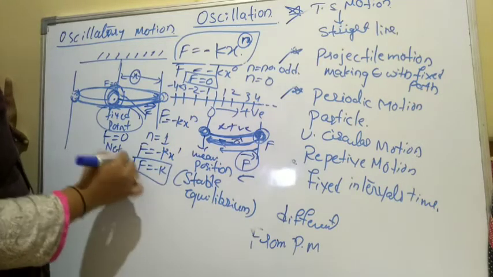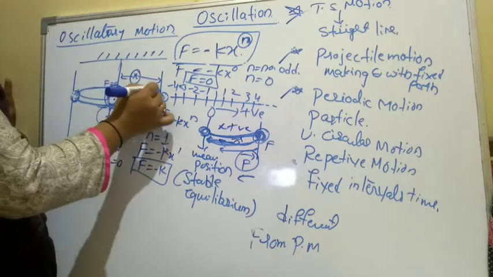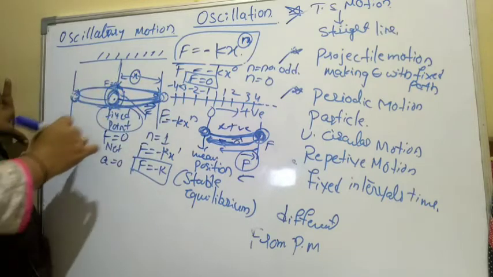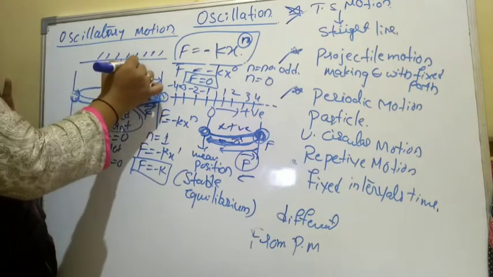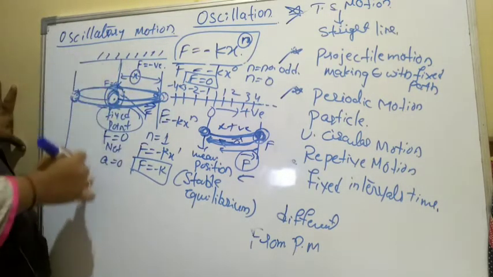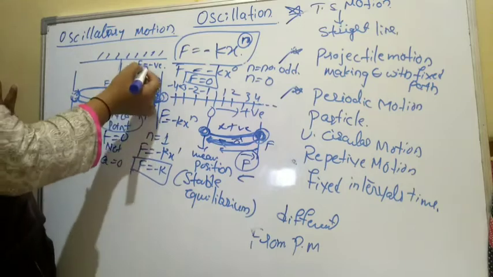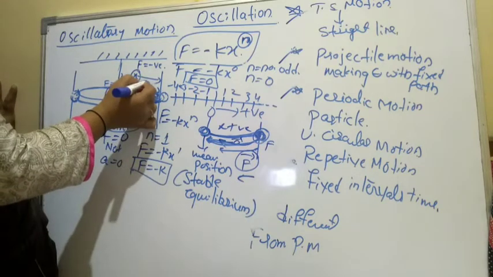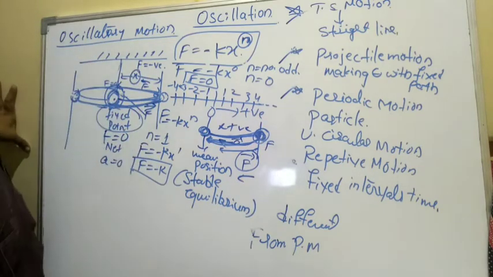Why minus here? If the displacement is in the positive direction, the force will be negative. How can we say that the force will be negative? Because force is always opposite to the direction of displacement.